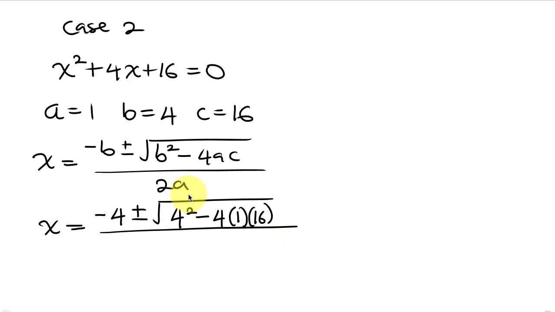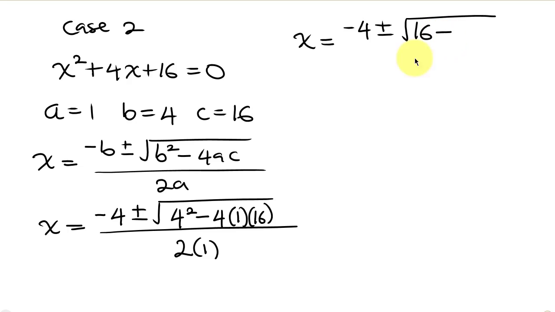All over 2 times a, that is 2 times 1. Very good. So this simplifies into x equal to negative 4 plus or minus the square root of 4 squared is 16 minus 4 times 1 times 16 is 64 all over 2 times 1 is 2.